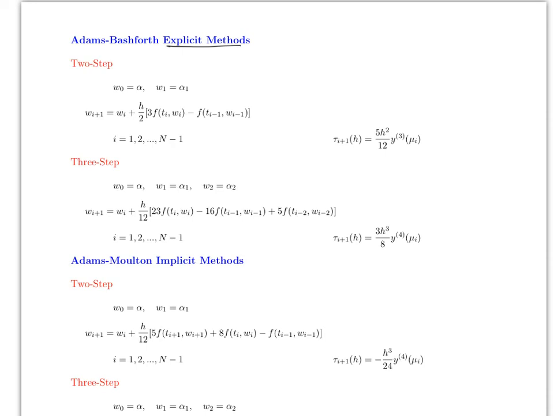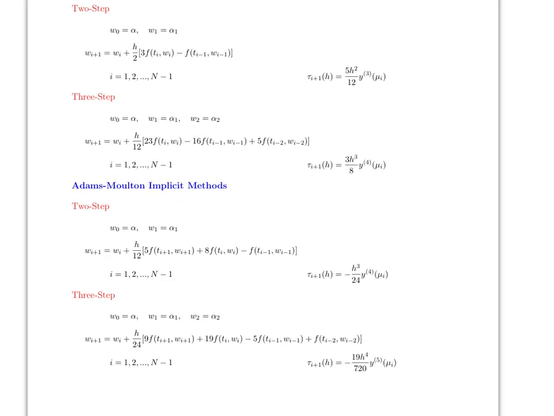Now, it is interesting to compare the truncation error of the 2 kinds of methods, the implicit and the explicit. For example, let's look at the 3-step, this one, and this one. So this is the truncation error. This one is the truncation error. So you can see how in general the truncation error for the implicit is smaller.